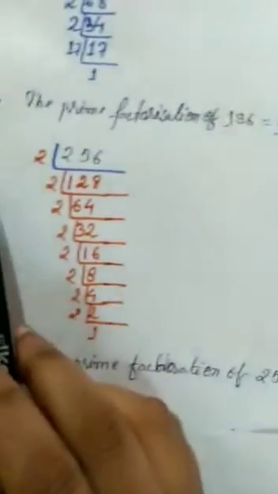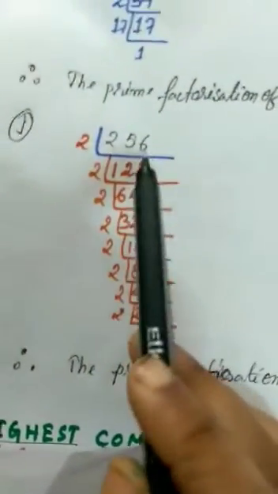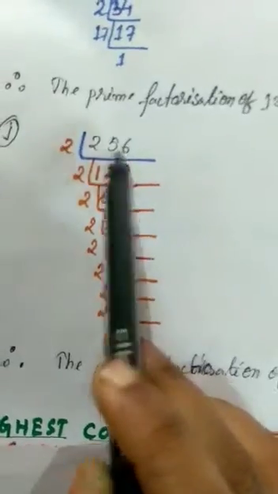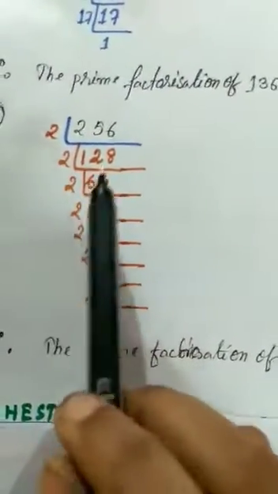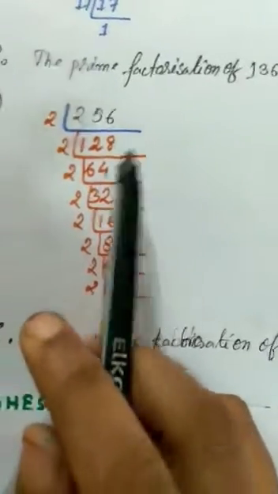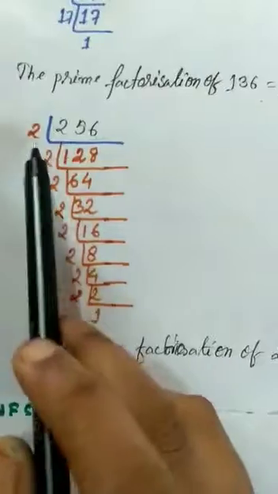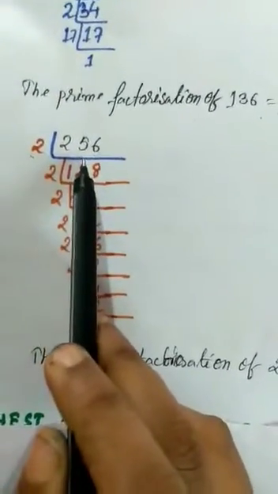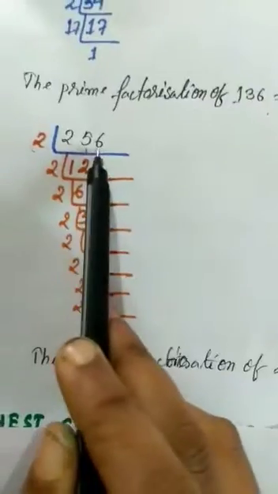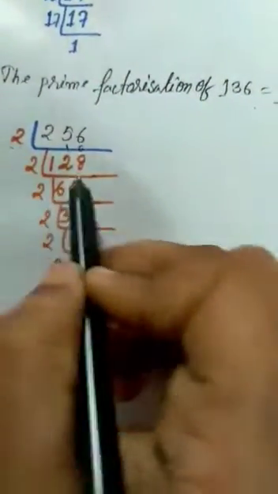Now next I am showing is J, number 256. How can we start? As this also ends with 6, we can start with the smallest prime number 2, and in this short division you must remember that you have to divide with prime numbers only. Alright, so 2 1s are 2, now 2 2s are 4, and 1 will remain, 1 and 6 make 16, and 16 means here 2 8s are 16.